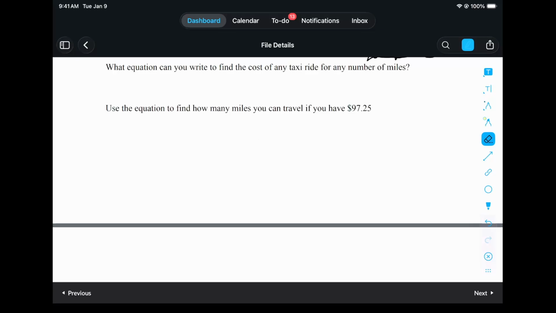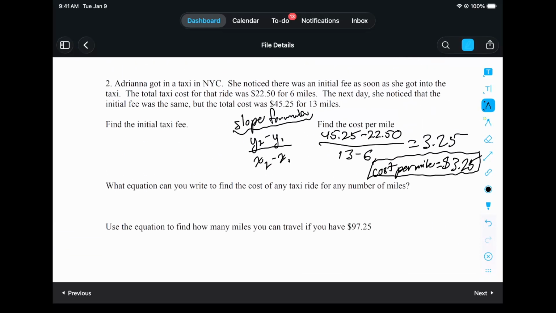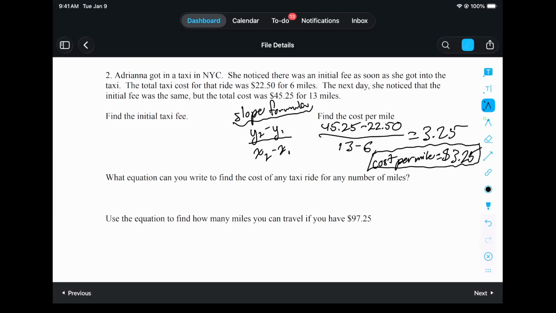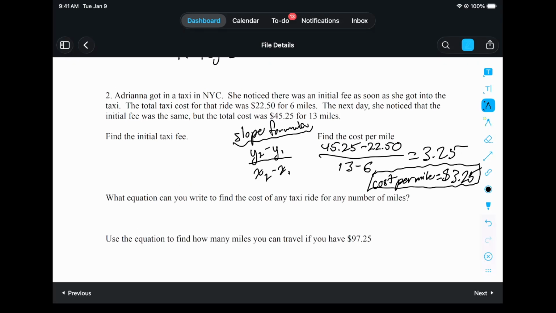You're going to thank me for finding the cost per mile first, because finding the initial taxi fee is actually going to be a lot easier, because we can use said slope-intercept form, and it's easy breezy. Finding the initial taxi fee, we're essentially finding b.